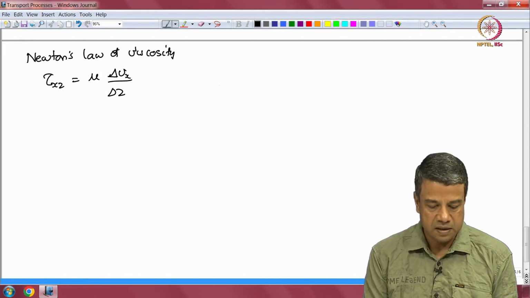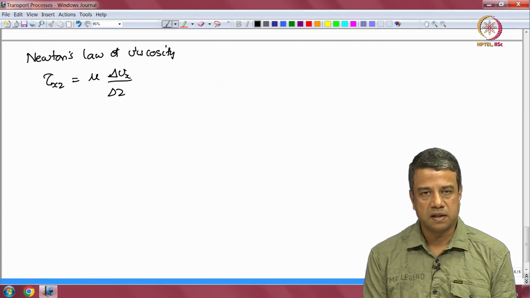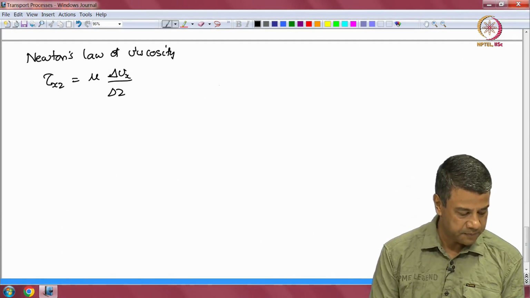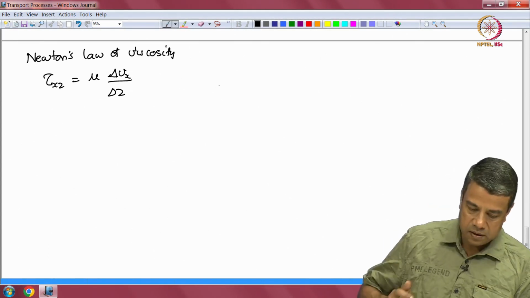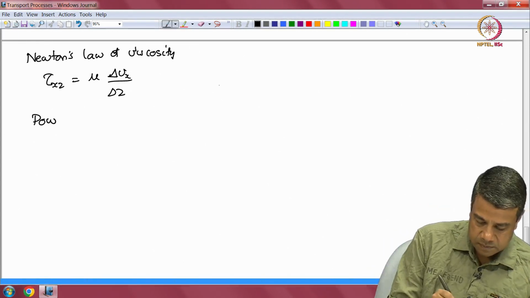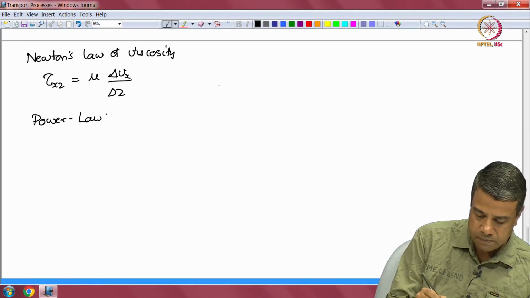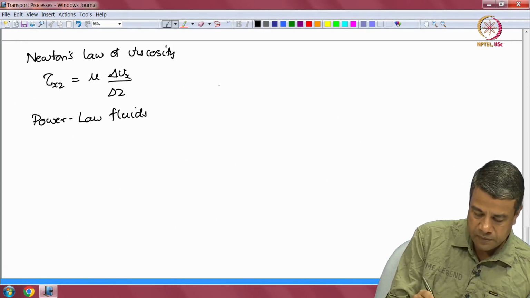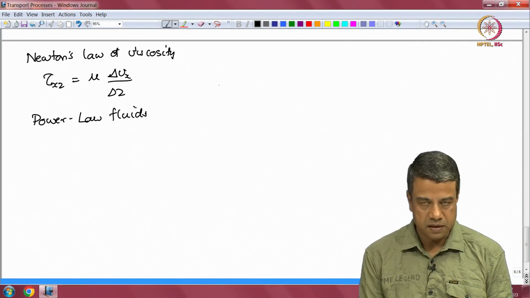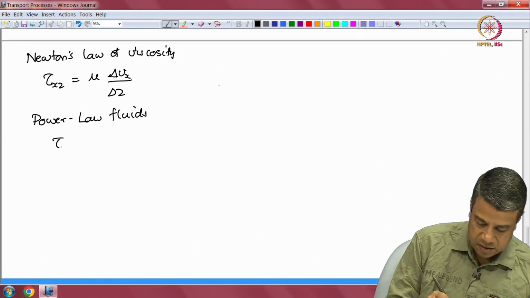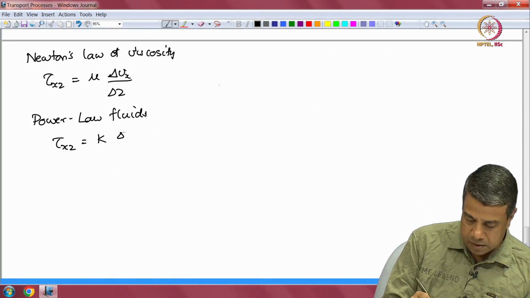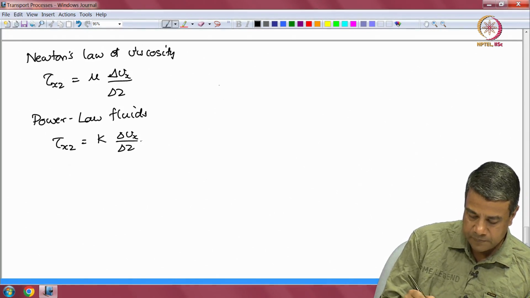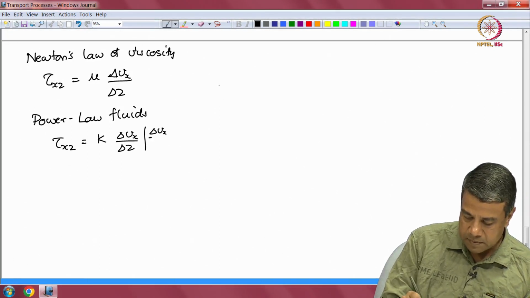The stress is directly proportional to the velocity difference, inversely proportional to the separation. There are more complex fluids that are called power law fluids, which satisfy a more complicated relationship. In this case, tau x z is equal to kappa times delta V x by delta z times the modulus of delta V x by delta z to the power n minus 1.